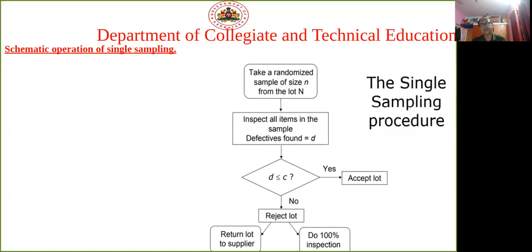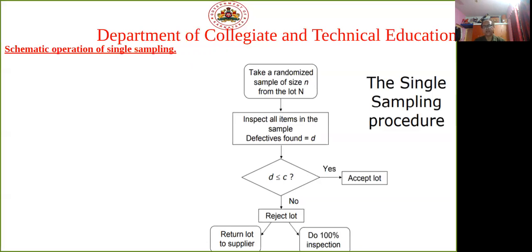Now you can see a flow diagram here. This flow diagram represents the acceptance sampling procedure. In the single sampling plan, as the name indicates, only one sample will be drawn.